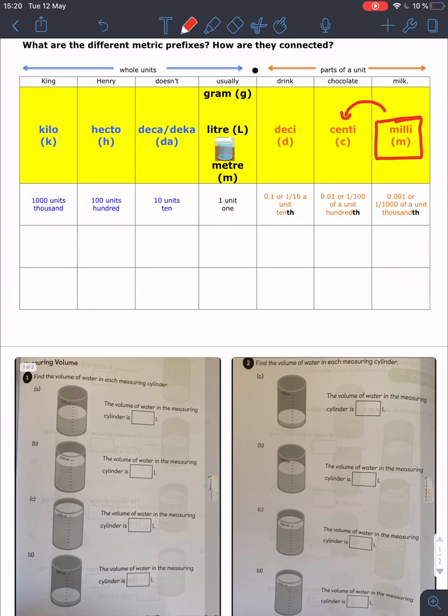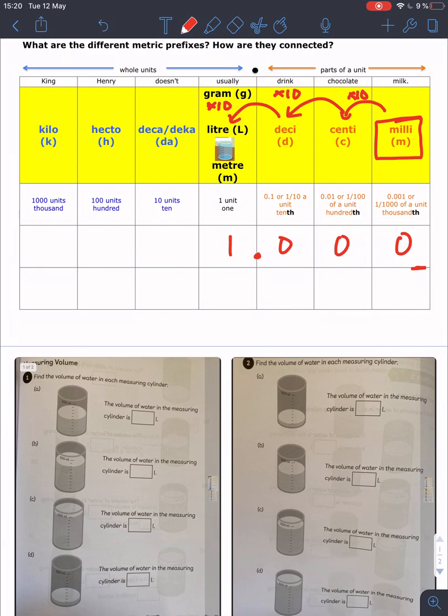There are 10 milliliters in a centiliter, there are 10 centiliters in a deciliter, and there are 10 deciliters in a liter. So in other words, it would take 1,000 milliliters to make a liter. And in fact, if I write that in here, 1,000 milliliters does give us exactly 1 liter.